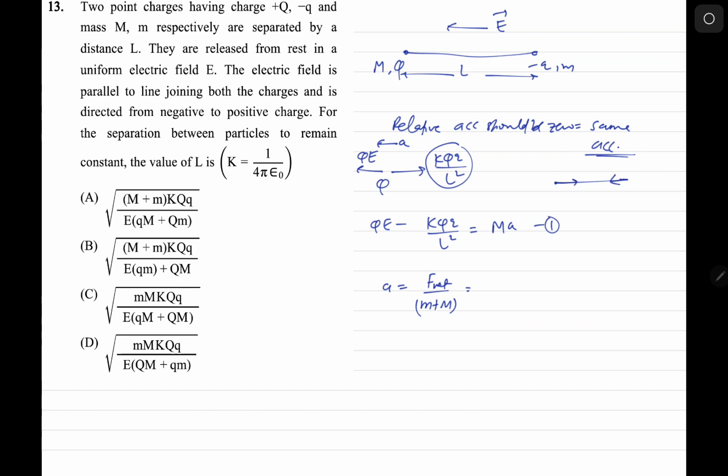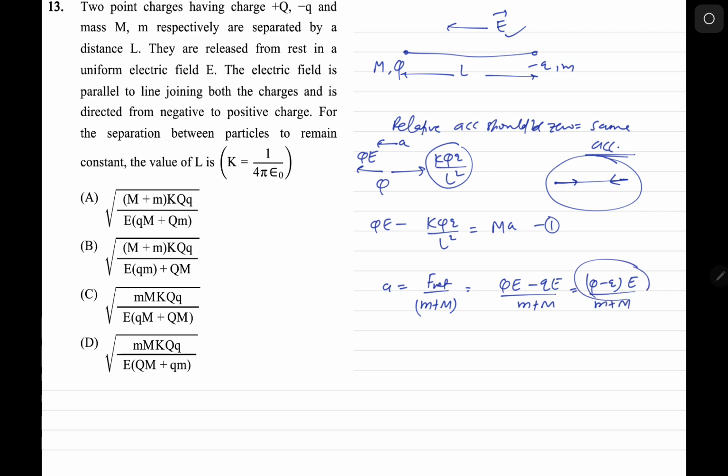So that will not be considered as a net force. The net force is because of the external electric field. So that will be Q minus small q into E, divided by M plus small m. So this is the net force acting here.